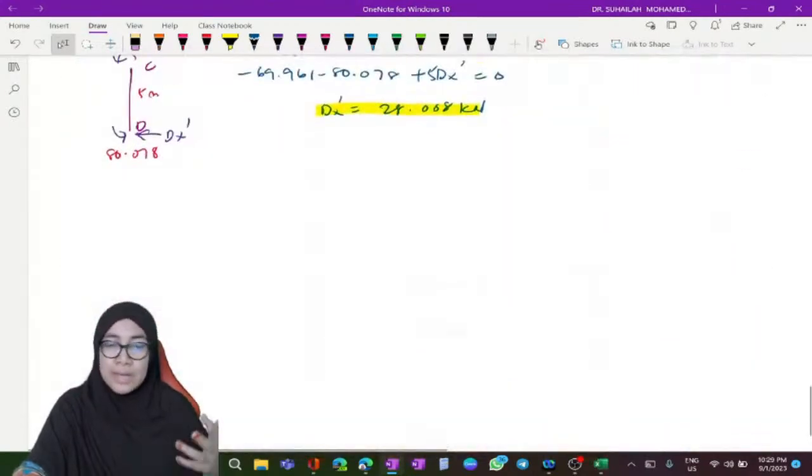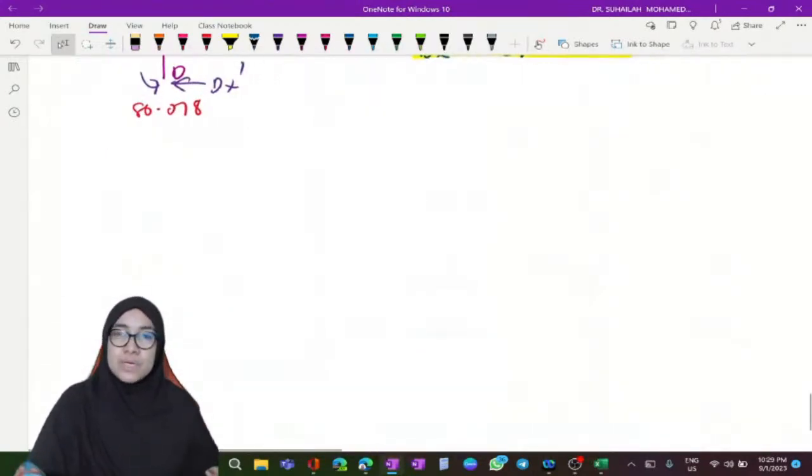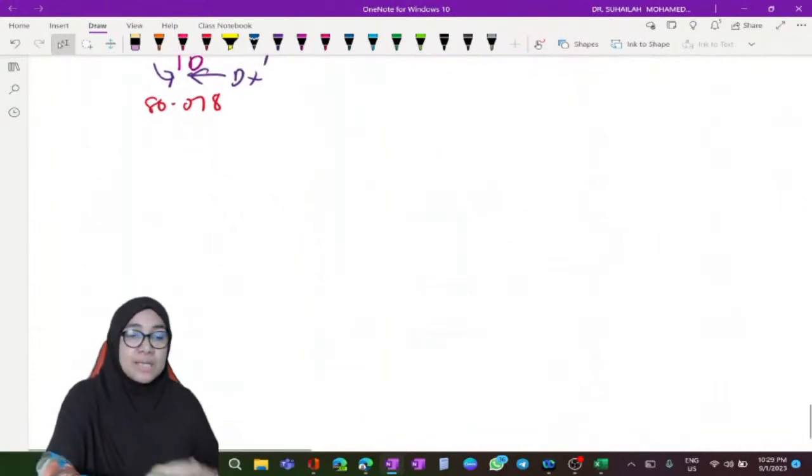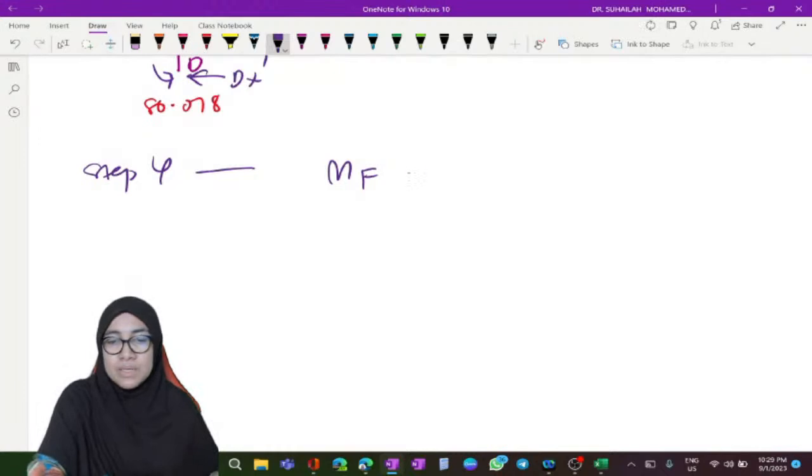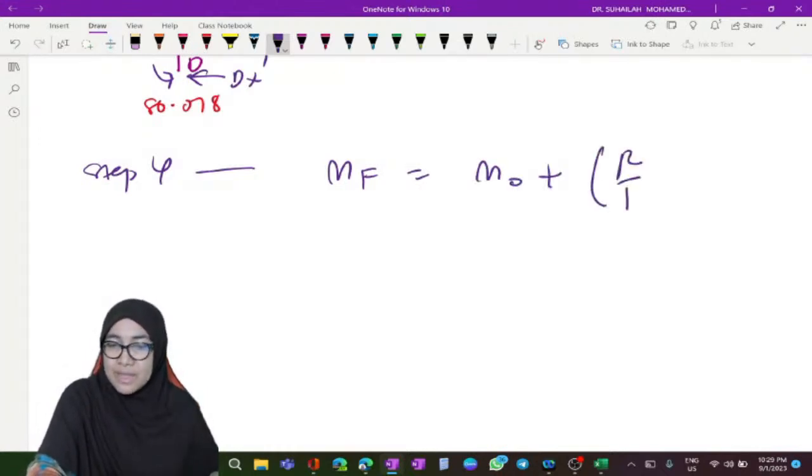So once we get all this, we move to the last step, step number 4. In this step we want to calculate the final end moment, which is equal to m naught plus correction factor r divided by r prime times m prime.